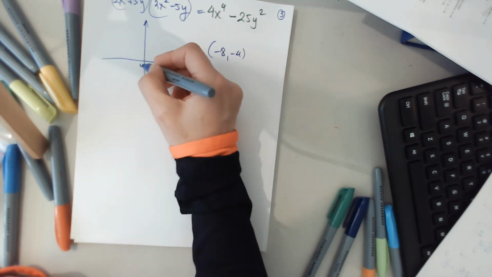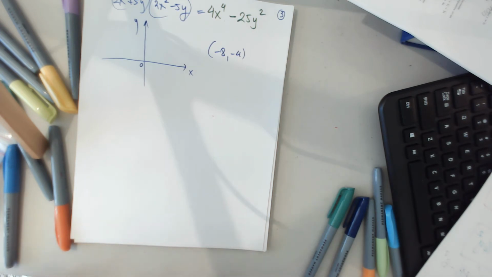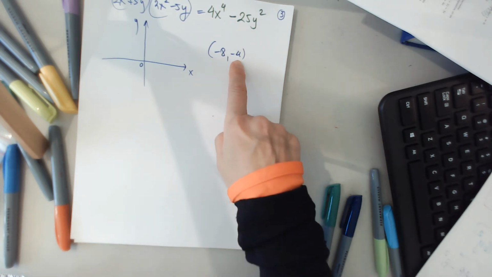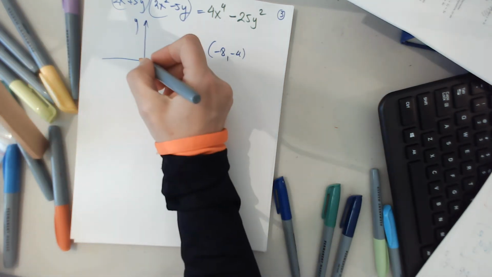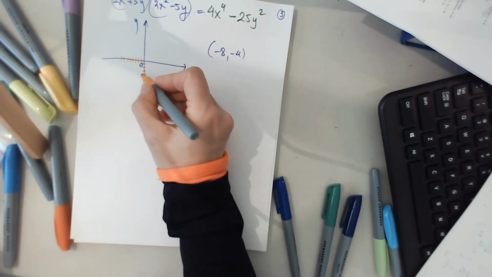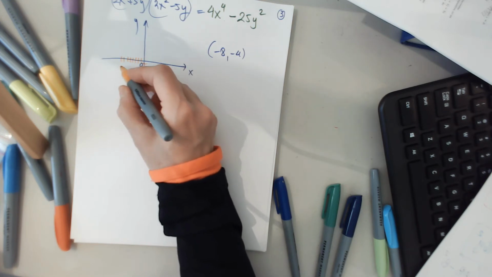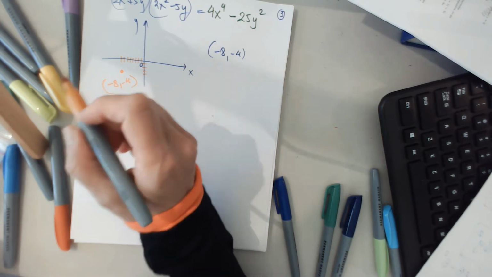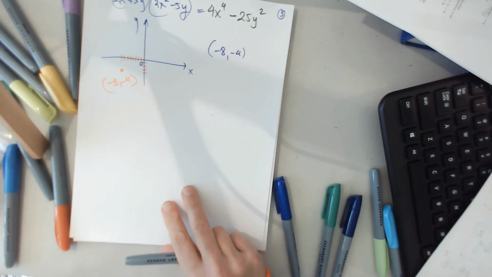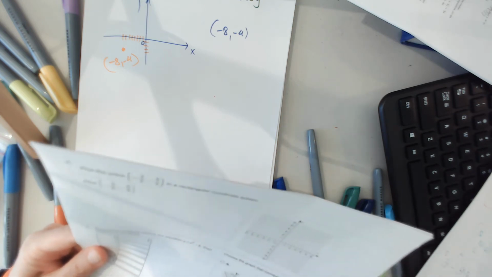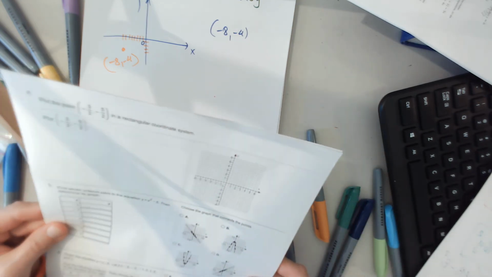So this is the x axis, y axis. When we plot -8, -4, -8 for x, -4 for y. 1, 2, 3, 4, 5, 6, 7, 8. 1, 2, 3, 4. And where they cross, right here, this will be the point -8, -4. Is that okay? Perfect. Thank you. My pleasure. Anything that you need.